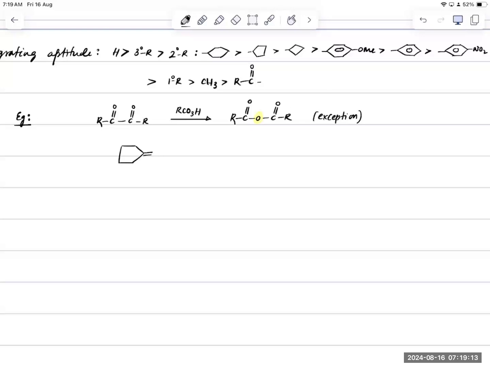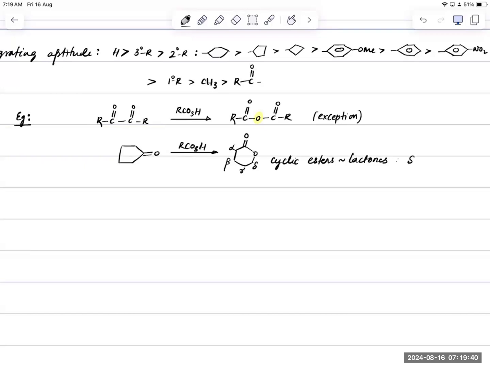So if you have double bond O here, then I use any peroxy acid. The peroxy acid will make these kind of esters. These are cyclic esters. Cyclic esters are also called lactones. And if you notice, this one is alpha position, beta, gamma, delta.